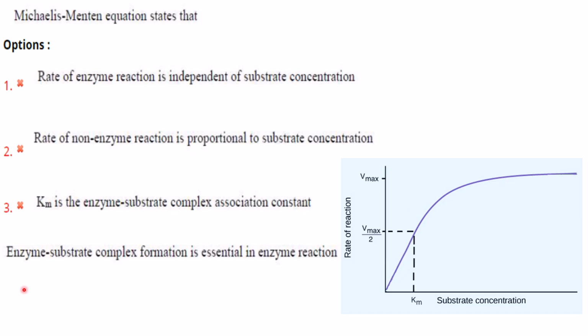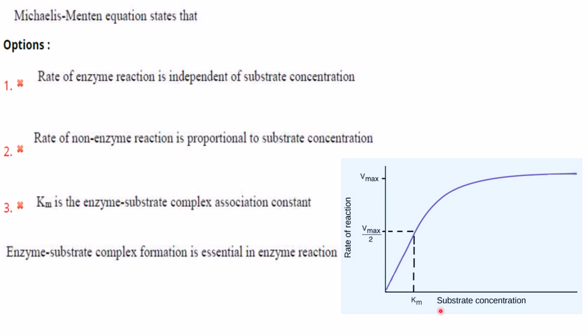Then the fourth one, enzyme substrate complex formation is essential in enzyme reaction. Yes, enzyme substrate complex is required for the enzyme reaction to occur, because Michaelis-Menten kinetics describes the formation and breakdown of these enzyme substrate complexes.